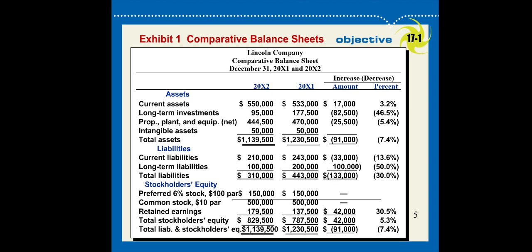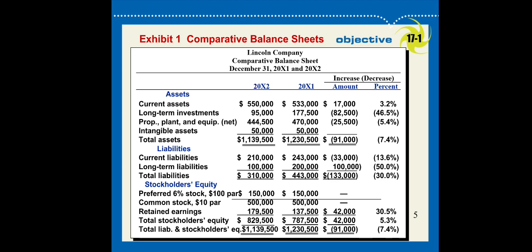So the amount of decrement is 82,500, and you have to calculate the percentage of the decrement: 82,500 divided by 177,500, you will get a decrement of 46.5%. So you have to calculate that for every item in the balance sheet.